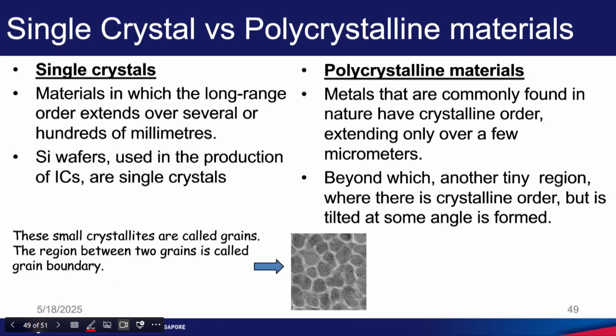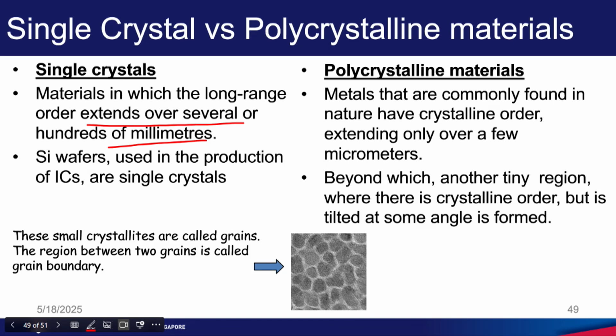They have a certain structure, then I go several centimeters away, and they look the same. That means the order is extending over several centimeters or hundreds of millimeters. So, that is what is called a single crystal.